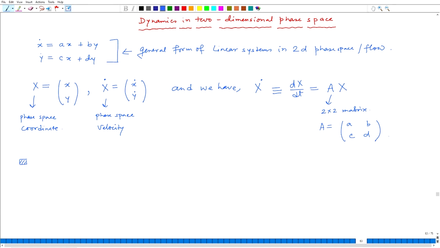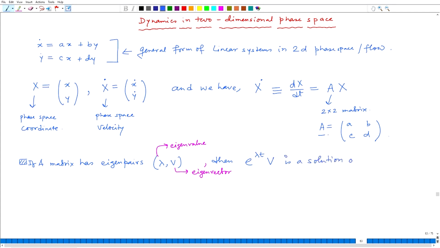If this A matrix has eigenpairs lambda and v, that means lambda is the eigenvalue and v is the corresponding eigenvector, then it can be shown that e to the lambda t times v is a solution of equation number 1.